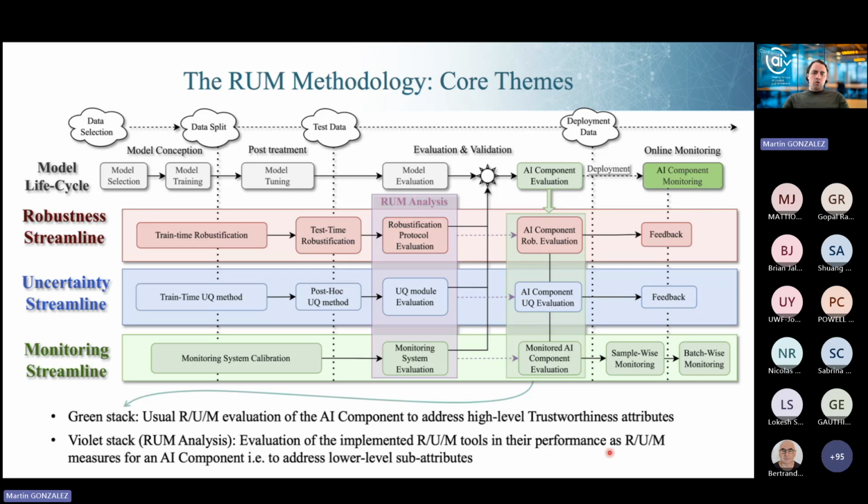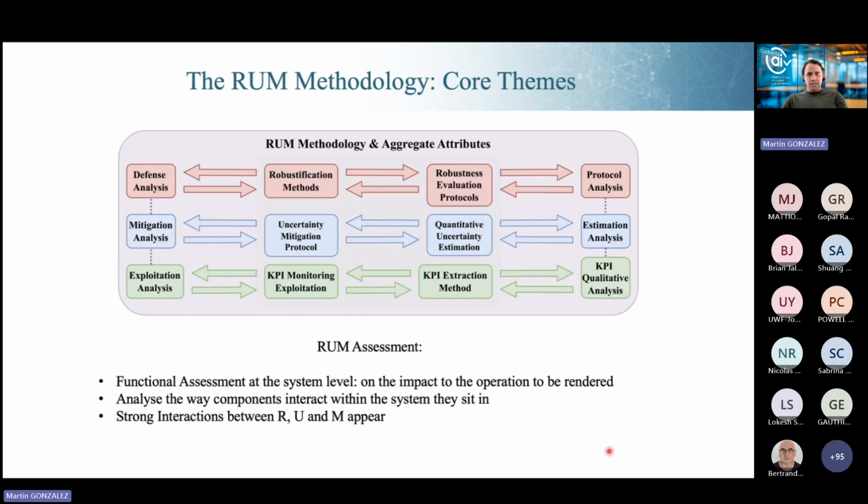But the fact of already having to think this separately brings the fact that in order to truly have an assessment that takes into account all of these interconnections that I just showed you, we needed to think it not only in terms of evaluation protocols or mitigation protocols, extraction methods, exploitation methods, but we needed to analyze a lot of things.